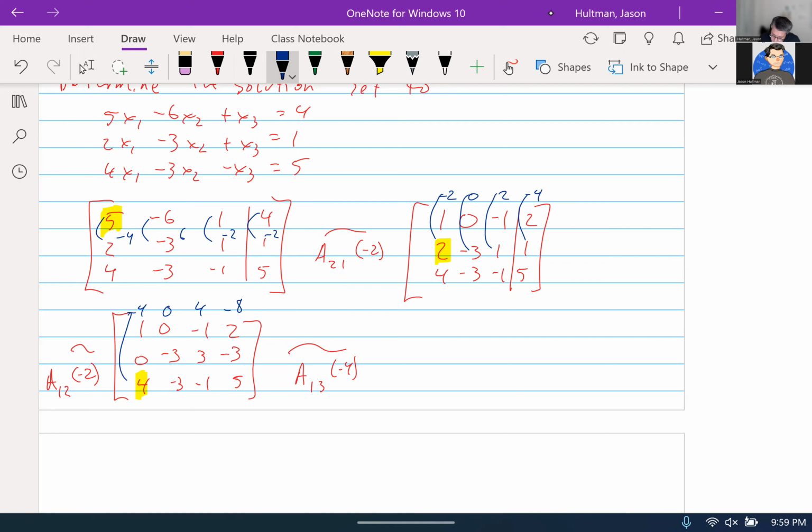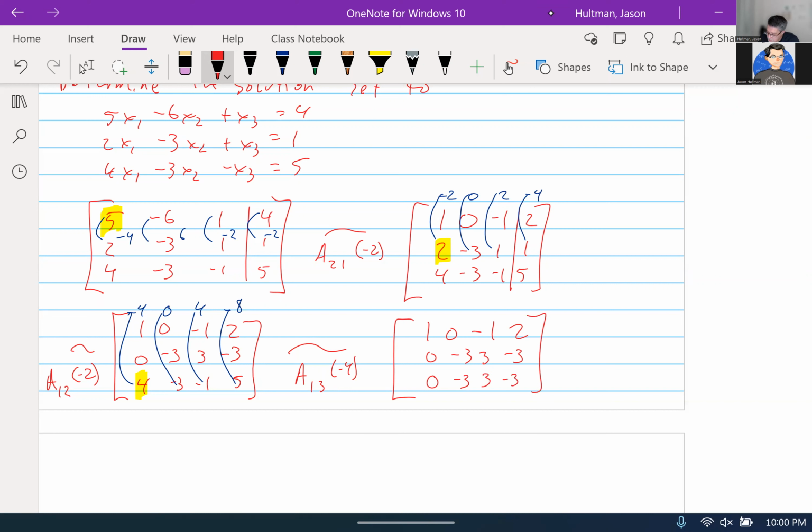Okay, so now add that to my third row, and we will get 1, 0, negative 1, 2, 0, negative 3, 3, negative 3, and then that's going to get me a 0, and then a negative 3, and then a positive 3, and a negative 3.